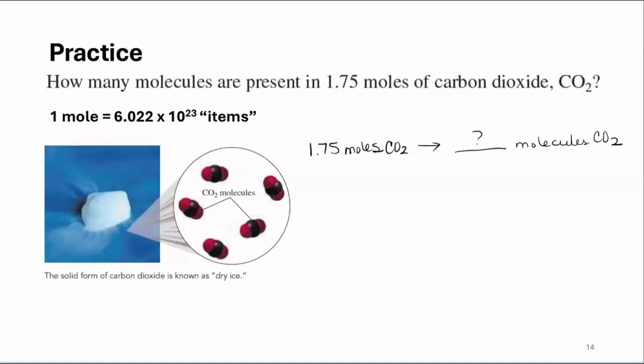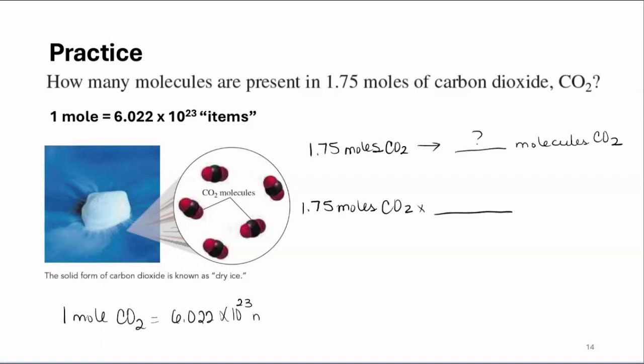We are going to use dimensional analysis in order to set up the problem. 1.75 moles of CO2. Since I know that my equality establishes that 1 mole of CO2 equals 6.022 times 10 to the 23rd molecules, MOLEC is my shorthand for molecules of CO2.